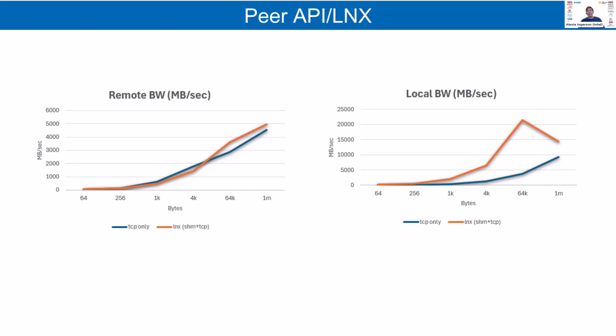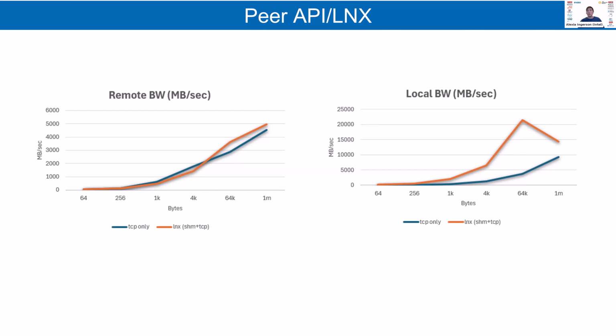But on the right, if we look at local communication, LNX is now redirecting the communication through the instance of the shared memory provider. So we can achieve much higher bandwidth than what we could by going just through TCP using loopback. Not only is our performance better for local communication, but we're actually also clearing up space in TCP for more remote traffic. So it helps in other ways as well.